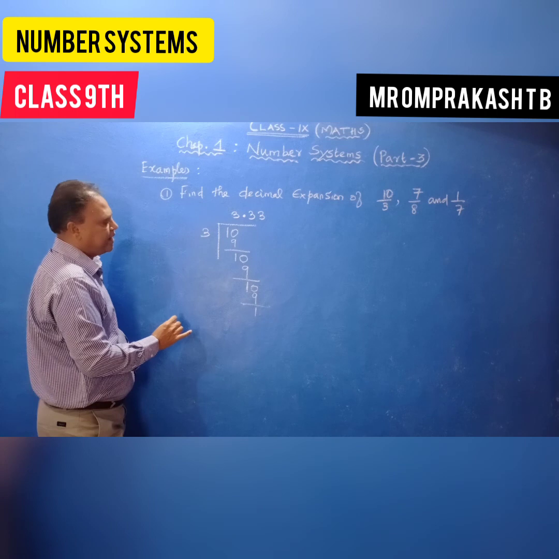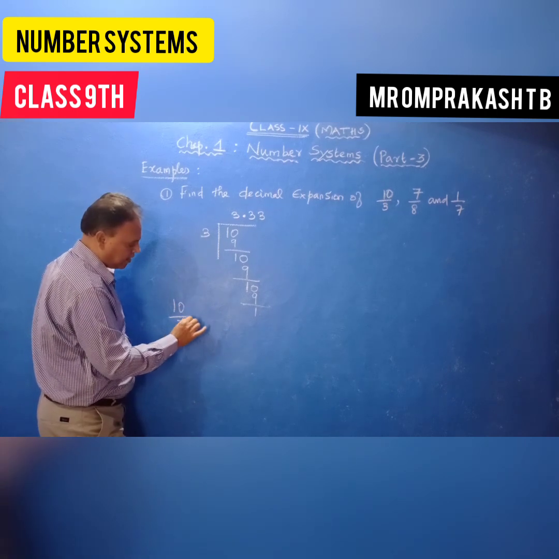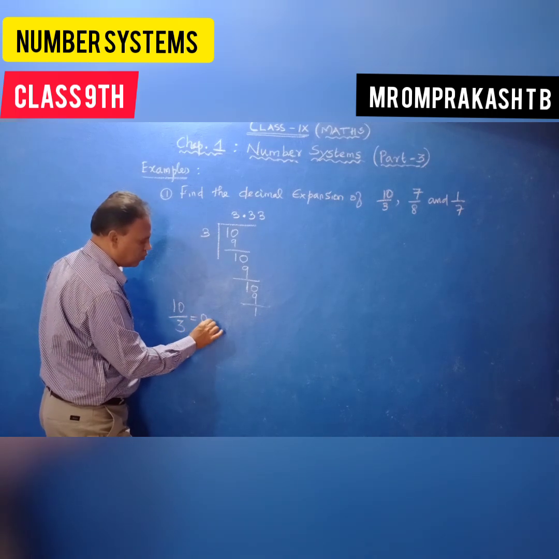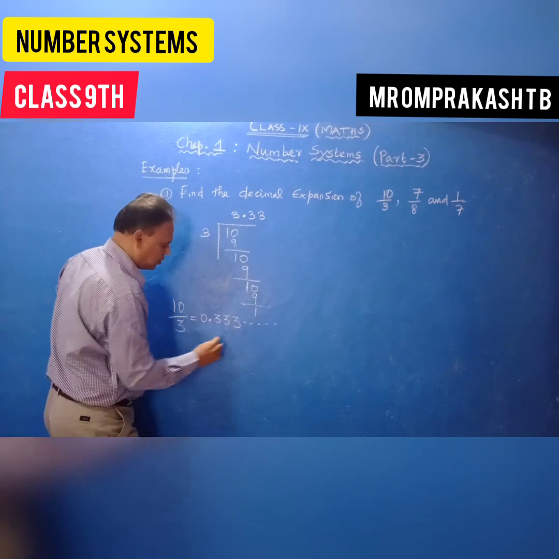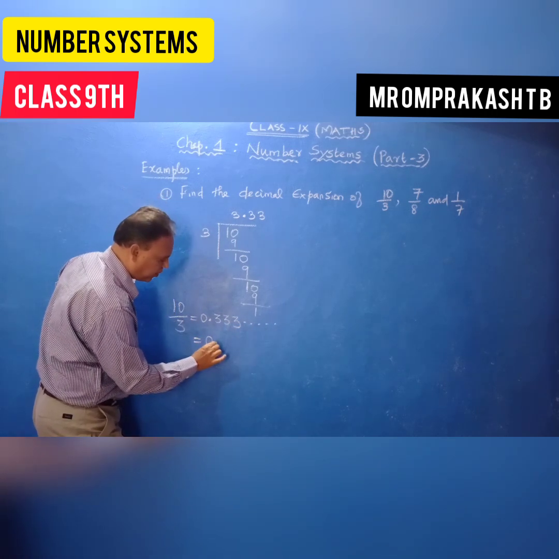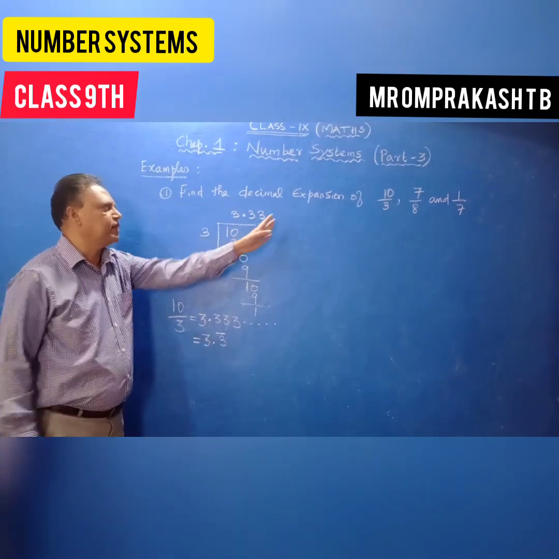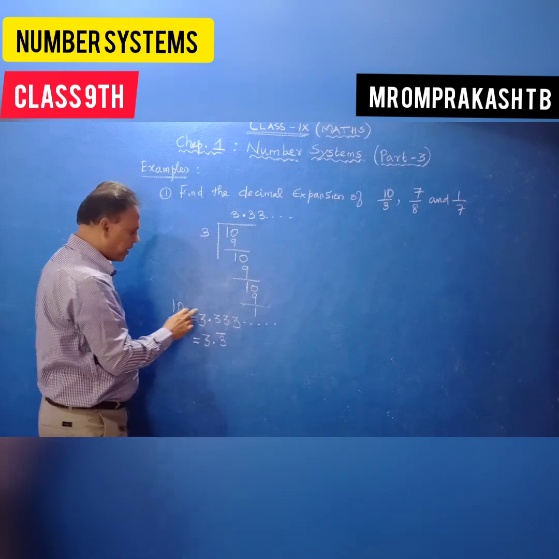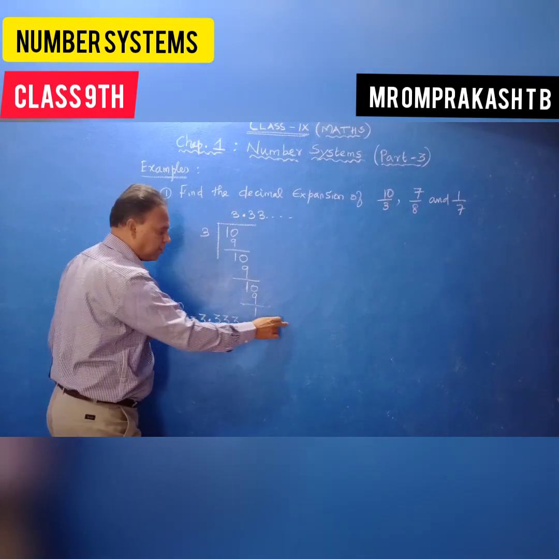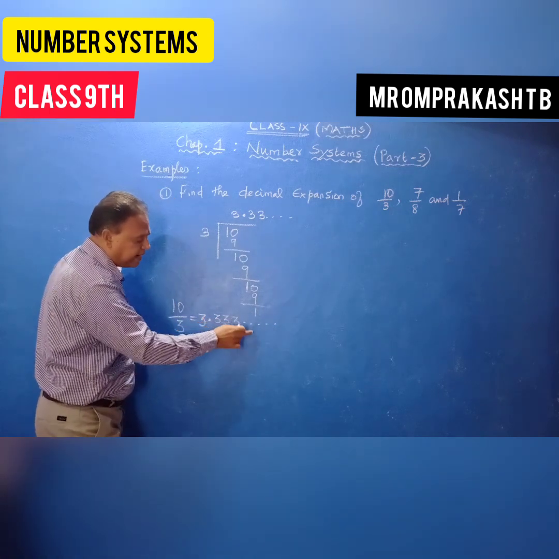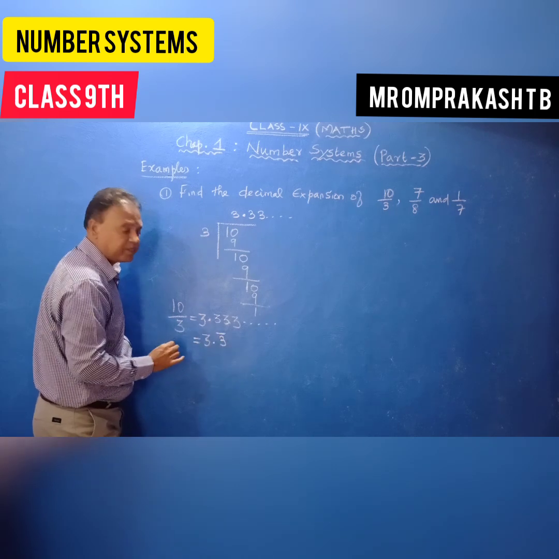Therefore, 10 by 3 can be written as 3.3333..., so this repeating decimal we can put in a bar.